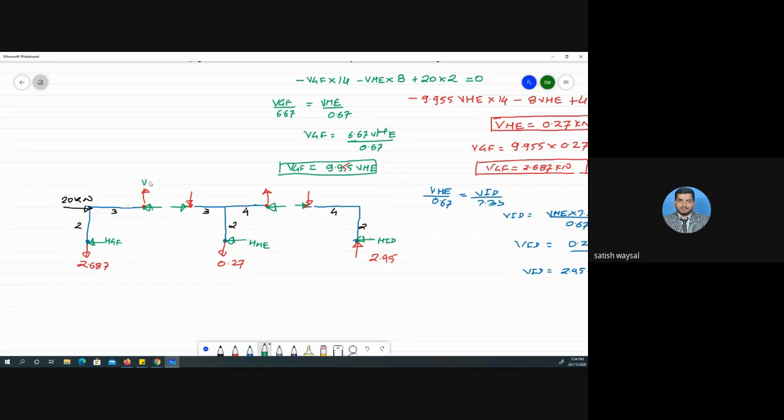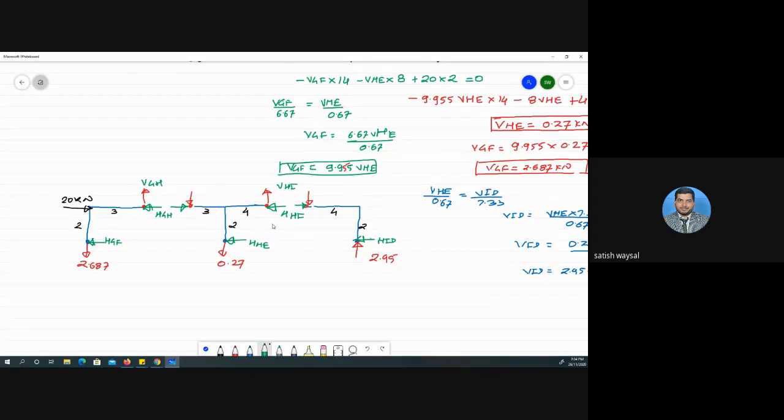This is vertical force in which member? That is GH. This is vertical force in member HI. This is horizontal force in GH and this is horizontal force in HI member.